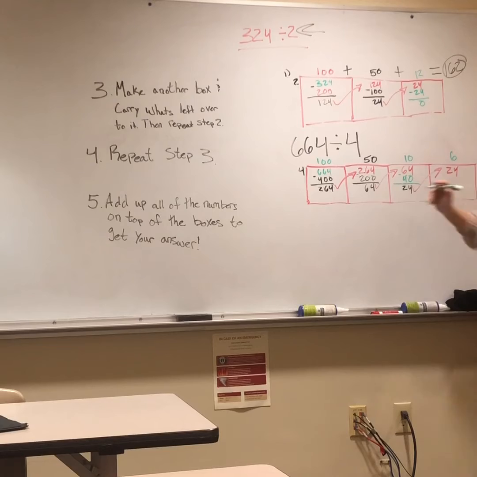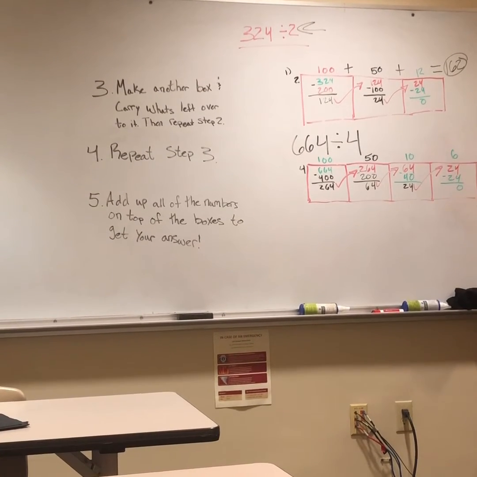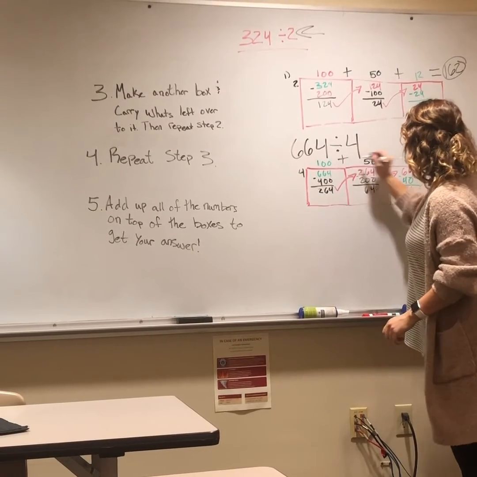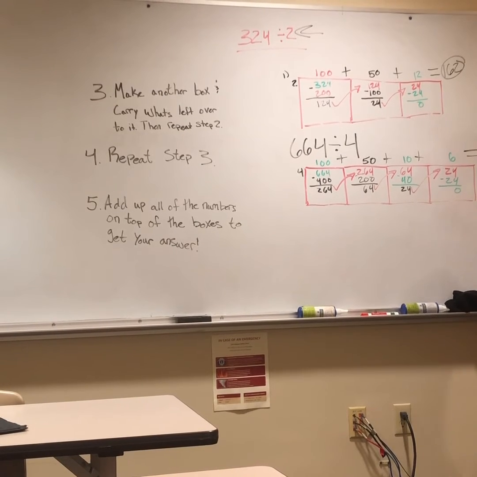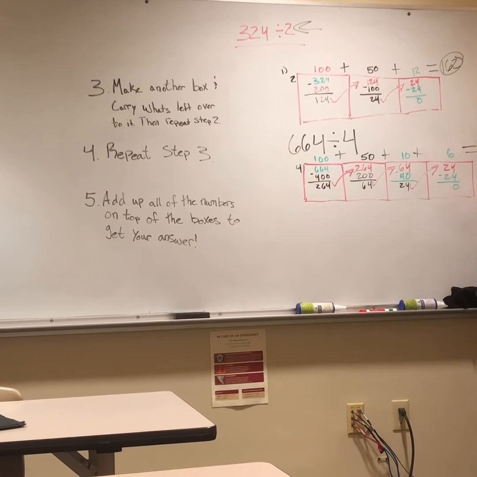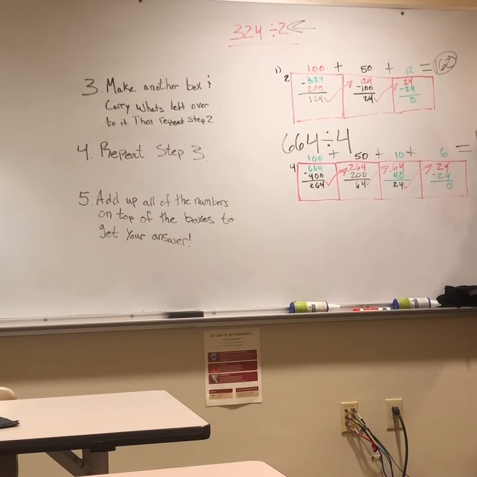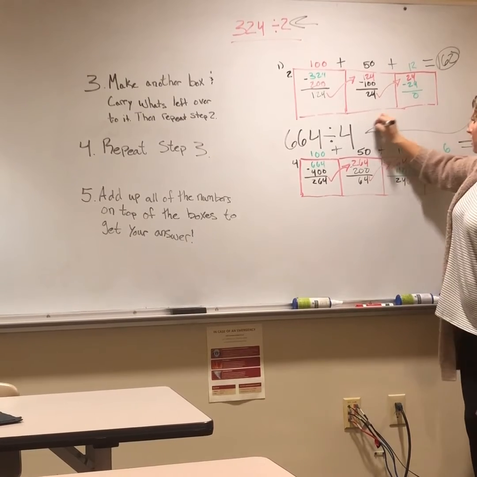You would do 6 times 4 is 24, and you get your 0. And then the last thing we're going to do to get our answer is add up all of these top numbers. So we do 100 plus 50, which is 150, plus 10, which is 160, plus 6, which is 166, which will give you the answer to that.